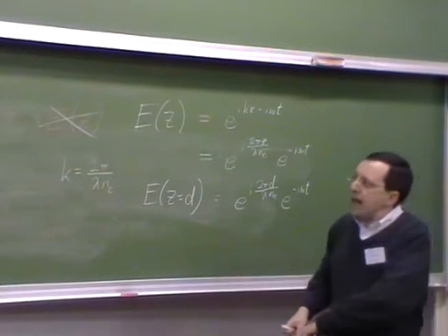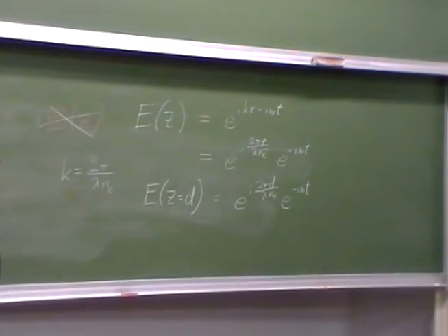So that's the factor of how much the phase of the light has changed for light polarized in the x direction, because the director is in the x direction.